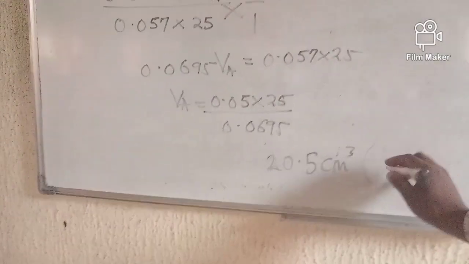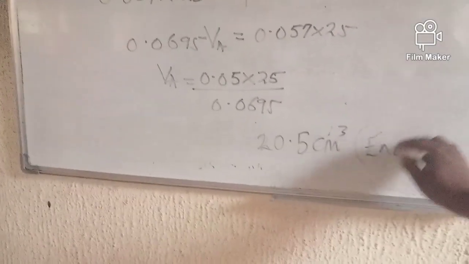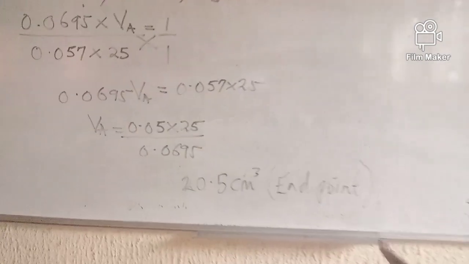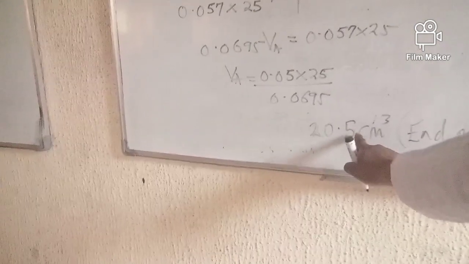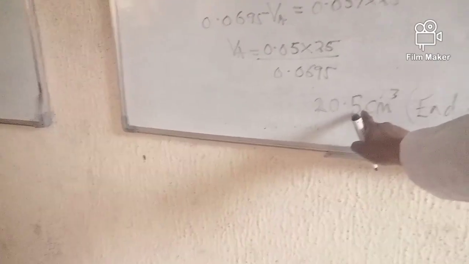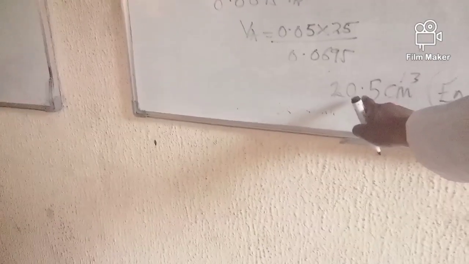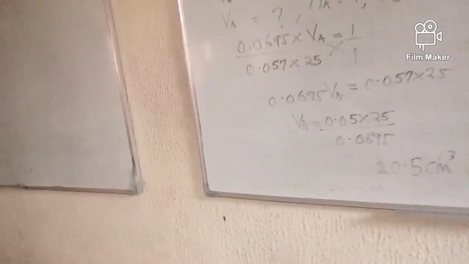And that is the endpoint that we all are looking for. So your endpoint should be around this value, either plus or minus 0.5, that is 0.5 greater or less than this value.